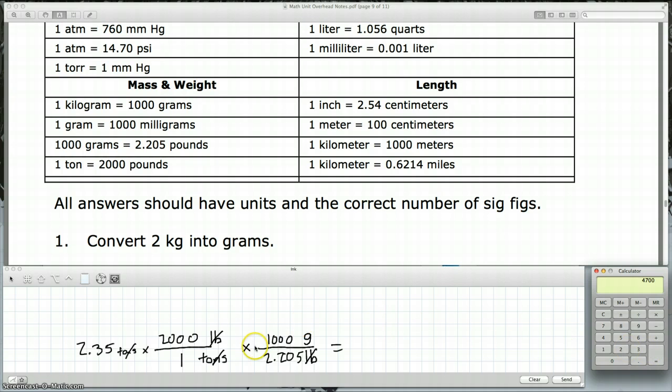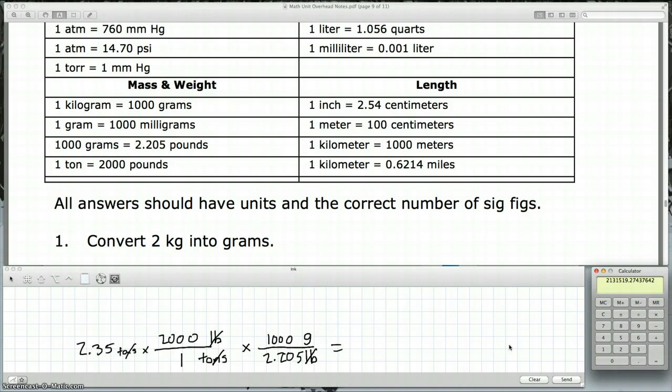And then I just repeat that process, times the top number, and divide by the bottom number, 2.205.